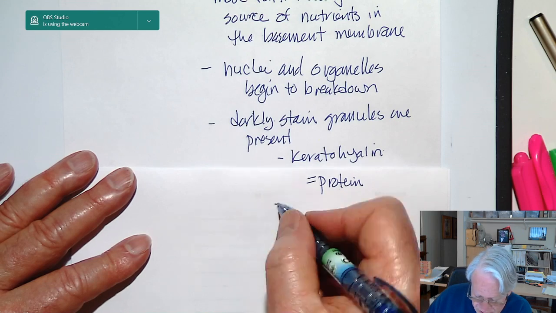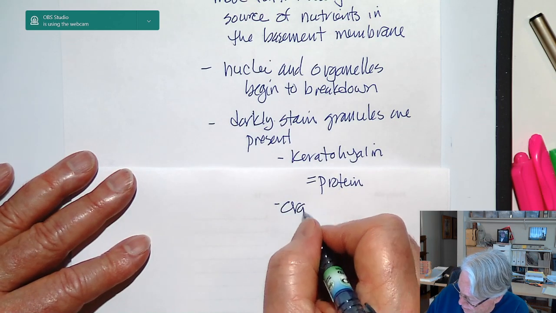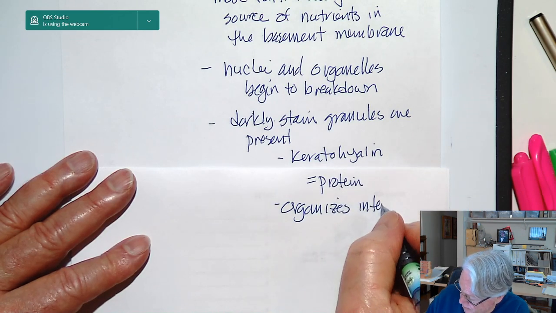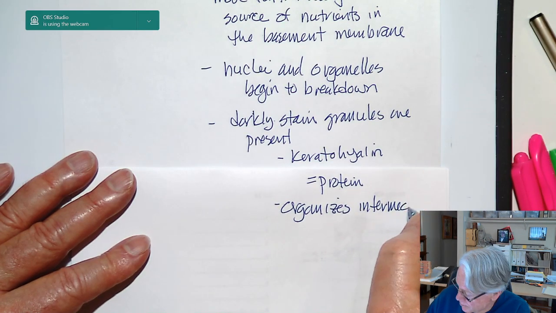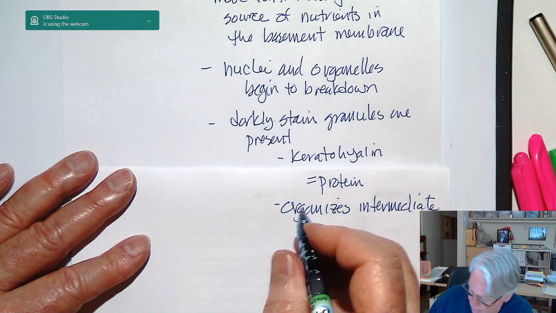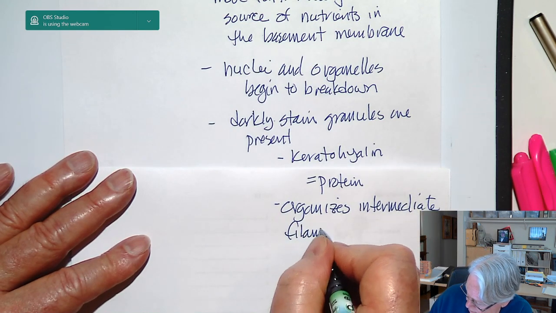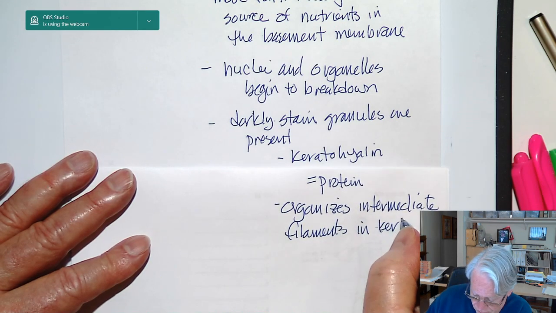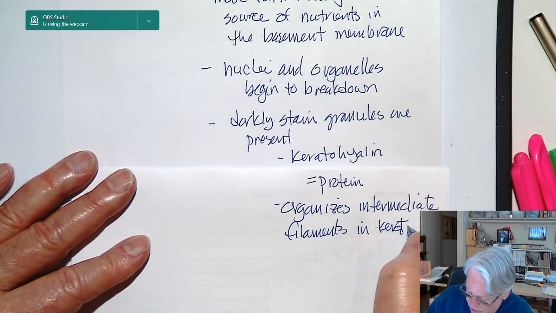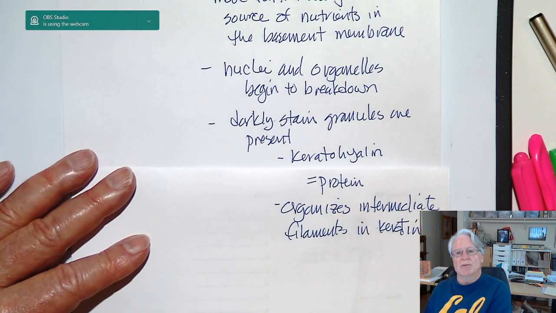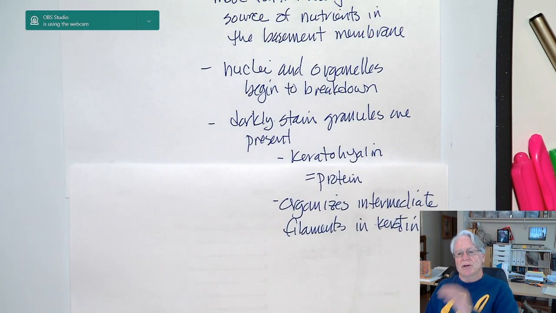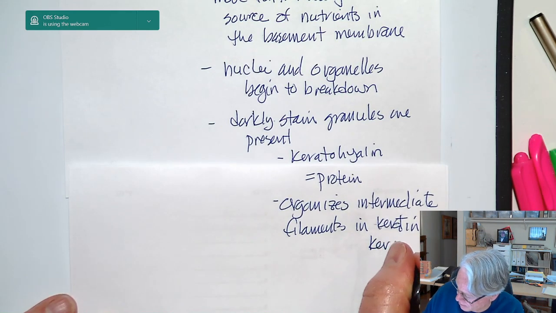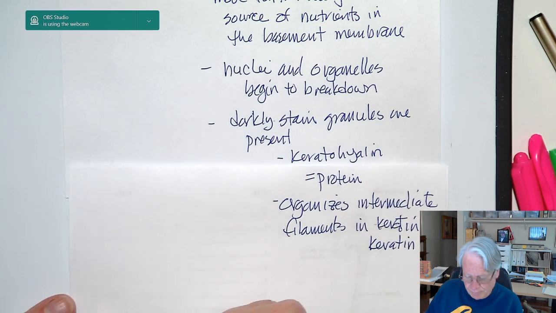And what this protein does is it organizes the intermediate filaments into keratin. So we are going to change the nature of those intermediate filaments, and we will call that change, or the result of that change, keratin.